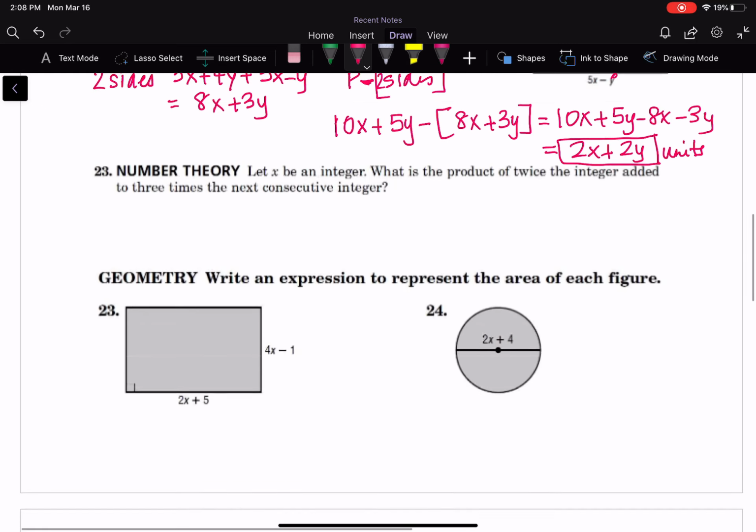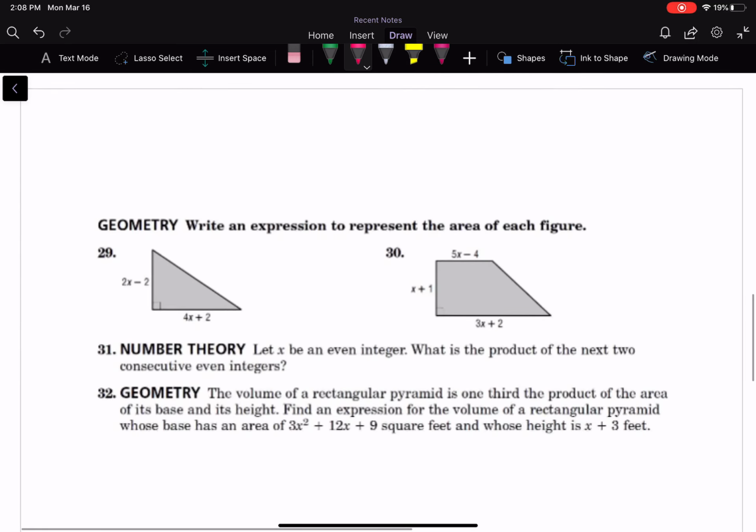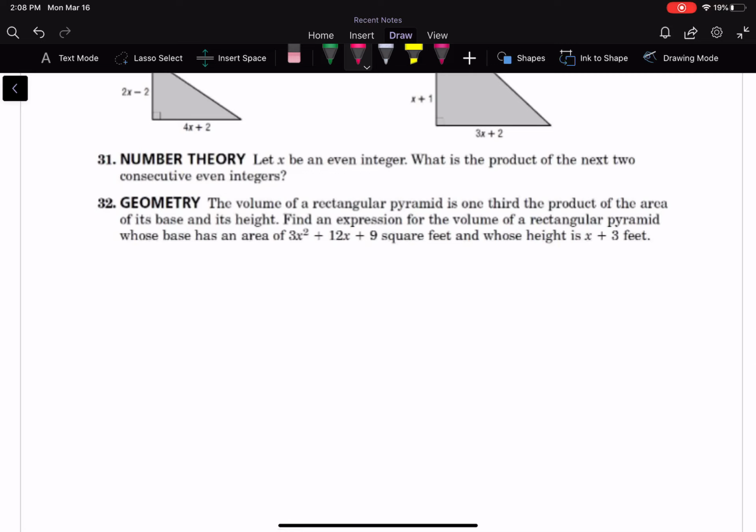The last one that I'm going to show you is on the next page, number 32. A little bit more complicated. It says the volume of a rectangular pyramid is 1/3 the product of the area of its base and its height.